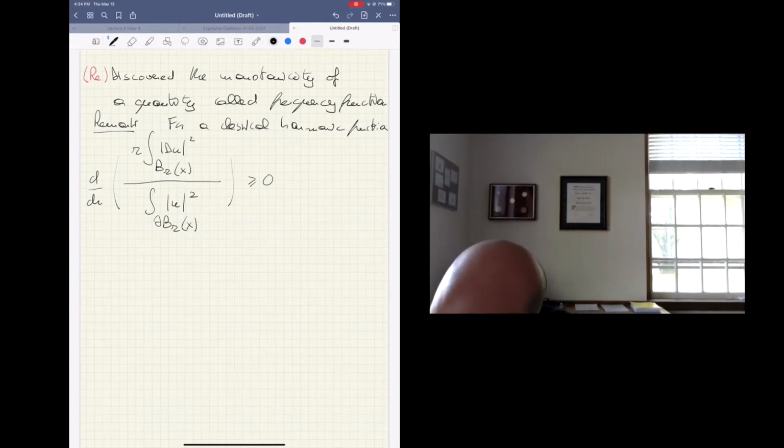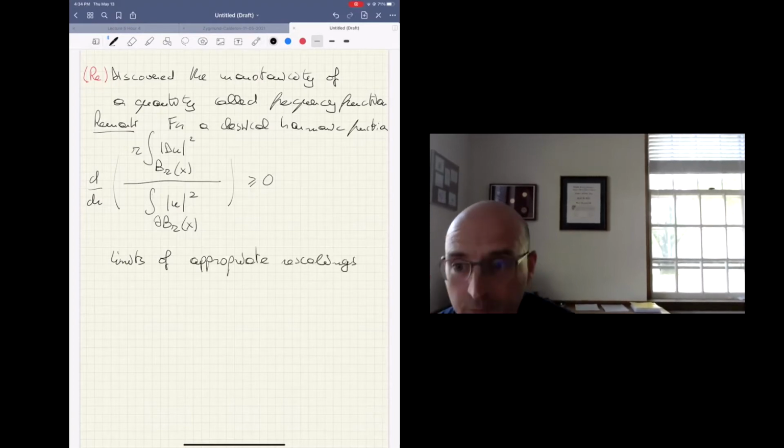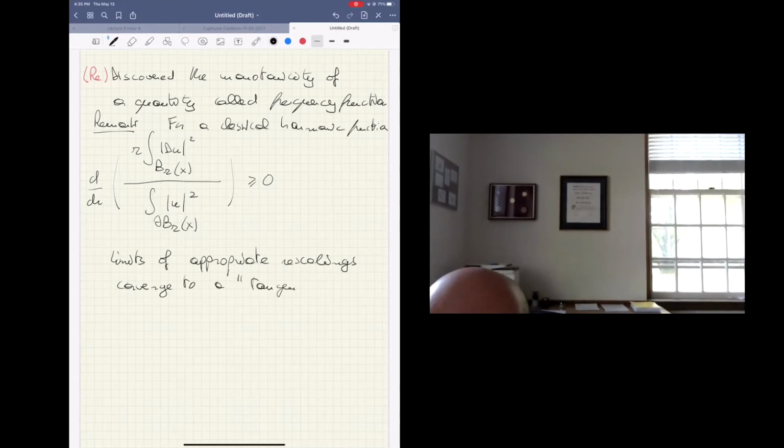So this monotonicity tells you that limits of appropriate rescalings, in which I am zooming into a point, converge to a tangent function for which the frequency function is actually constant. Let me call this tangent function, say, u0.